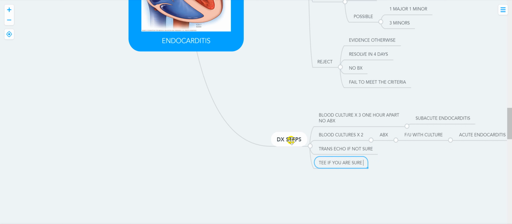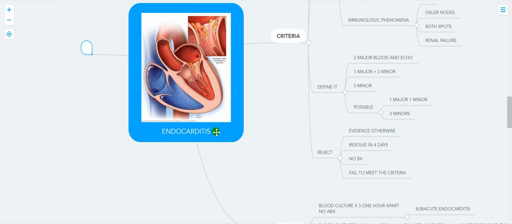What antibiotics do we use for endocarditis? Let's see. The antibiotic, if it's a native valve endocarditis, then you give vancomycin.